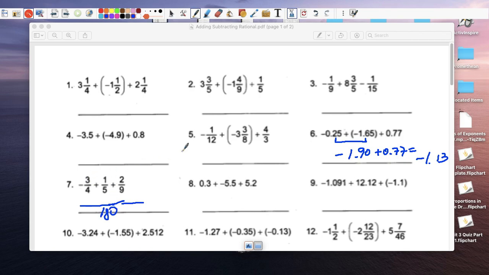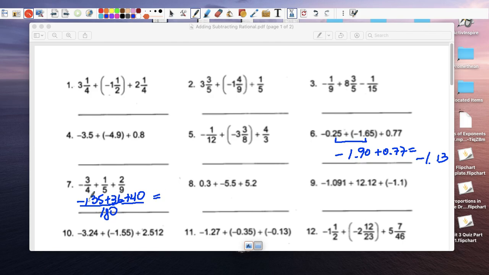So 180 divided by 4 is 45. So 45 times 3 is 135, negative 135, plus 180 divided by 5 is going to be 36, and 36 times 1 is just 36, and then that's 20, so that's plus 40.